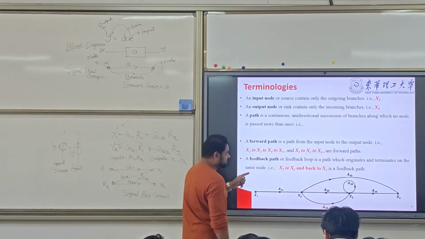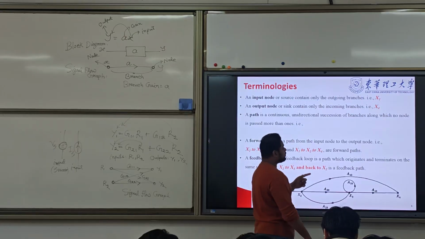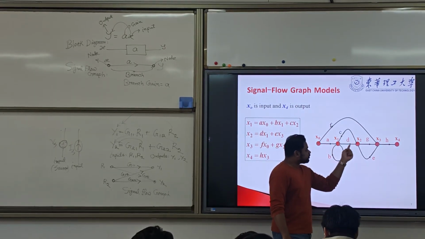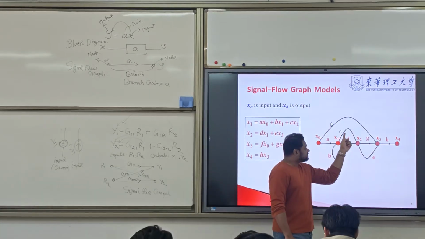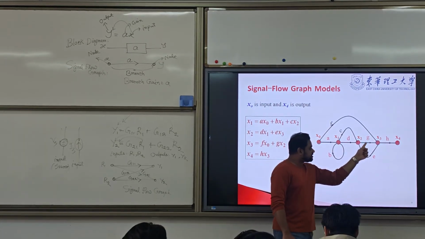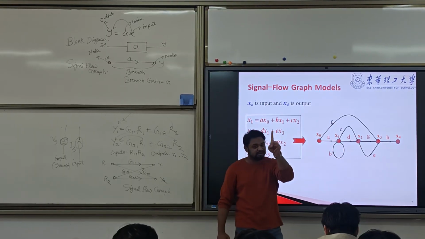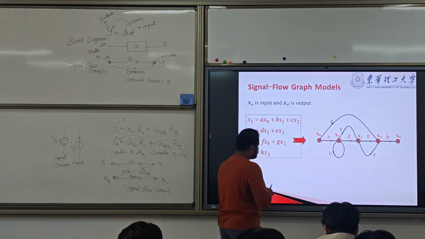So this is why you saw here I did not include this one here, this feedback here. I did not include it because this is a path and a path will have one direction.